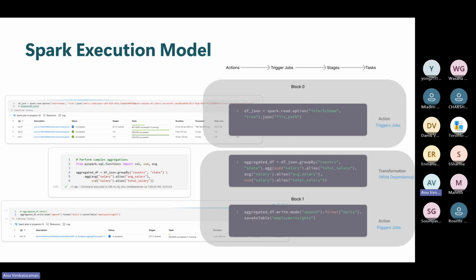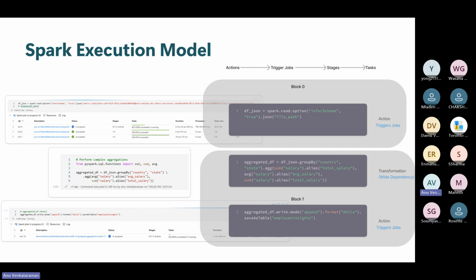The action actually triggers the computation. Actions could be read, write, collect, take, count. Only the actions trigger the computation. And transformations could be of two types: narrow transformation and wide dependency transformation. A narrow transformation could be doing filtering.